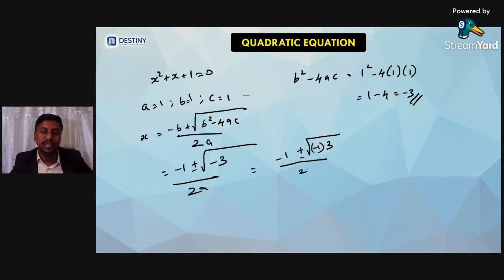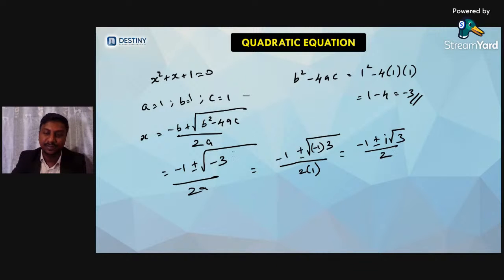That means 2 into a means 2 இல்லையா? So minus 1 plus or minus i root 3 by 2. That's it. இதுதான் solution equal to x. Did you understand?